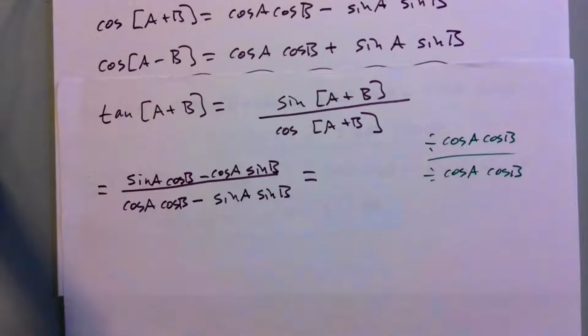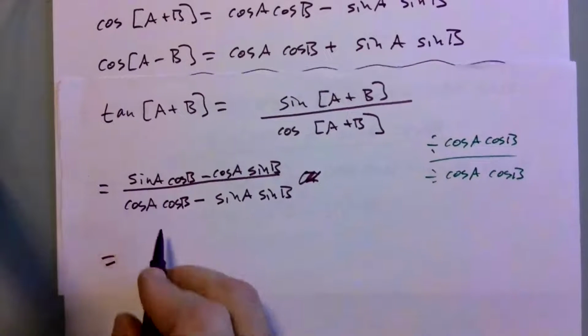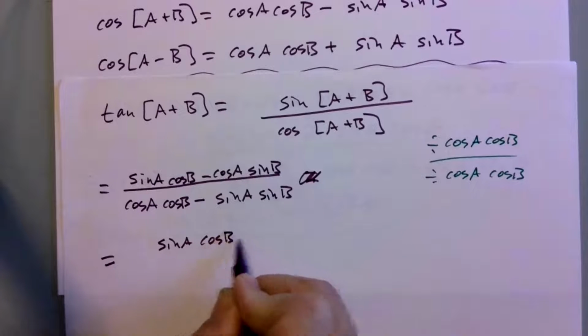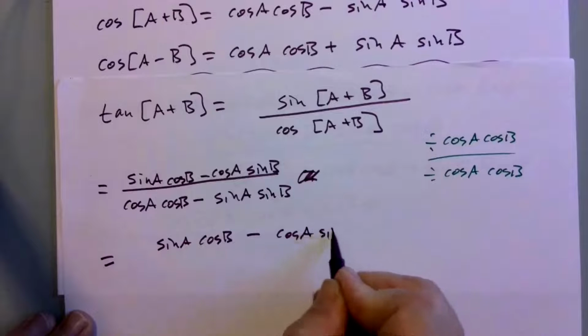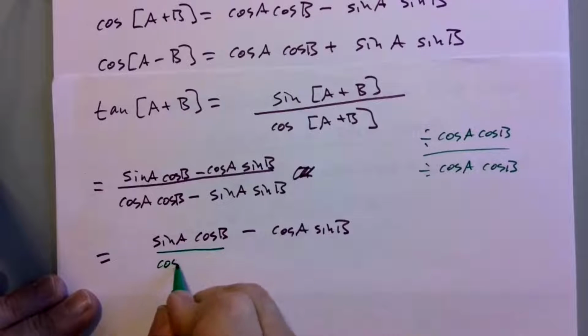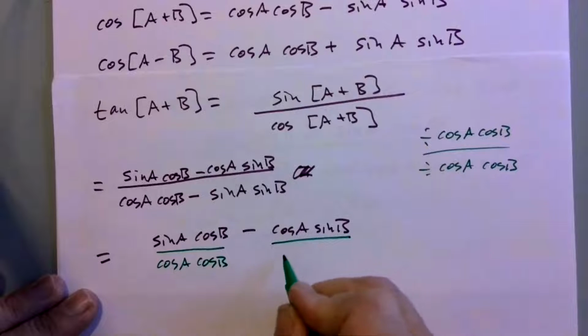So let me go ahead and scratch this equal sign. Divide the top by cos a cos b. So on top I have sine a cos b minus cos a sine b, and I'm going to divide by cos a cos b. So divide the first guy by cos a cos b. Divide the second guy by cos a cos b.